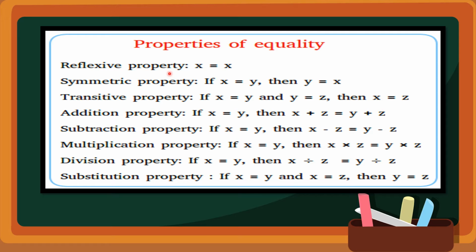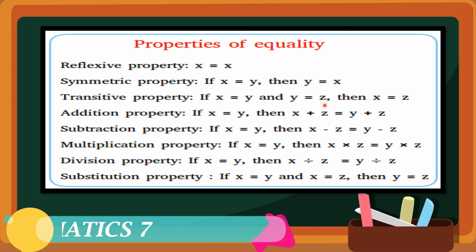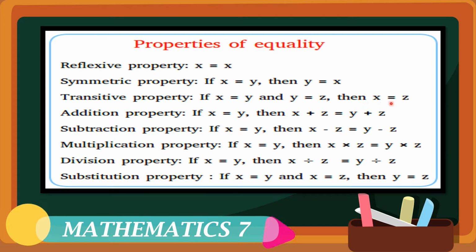Reflexive property. x is equal to x. Symmetric property. If x is equal to y, then y is equal to x. Transitive property. If x is equal to y and y is equal to z, then x is equal to z.